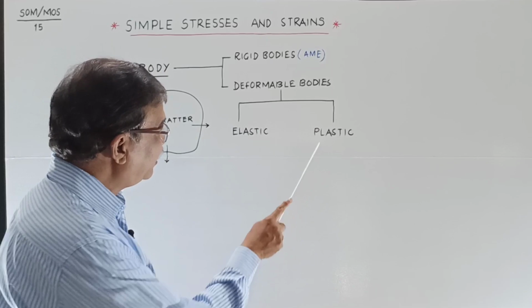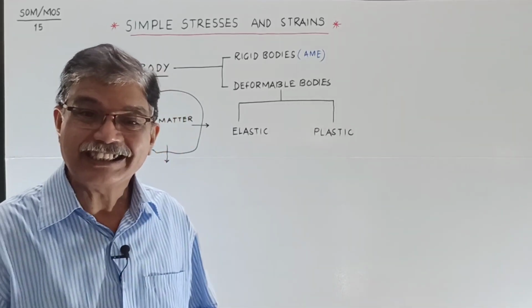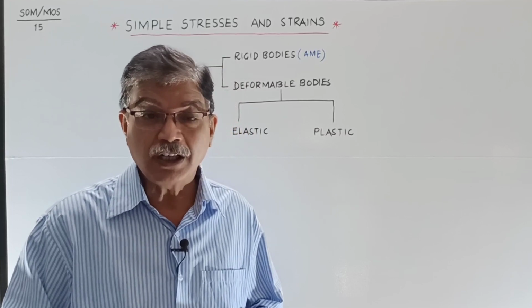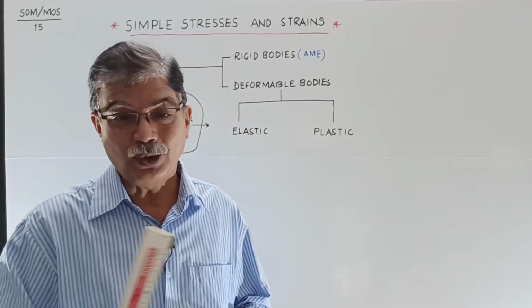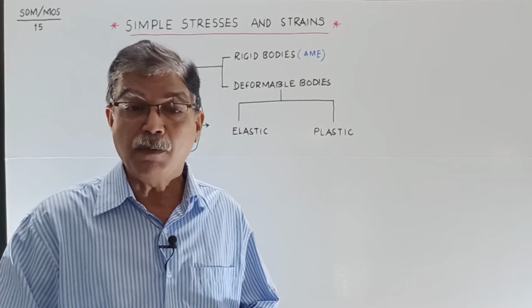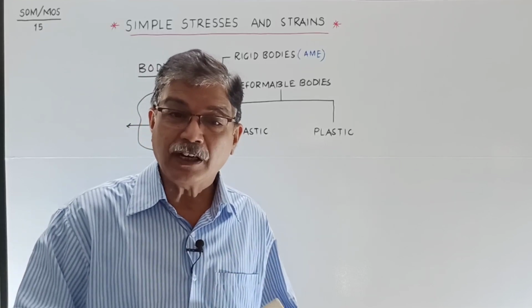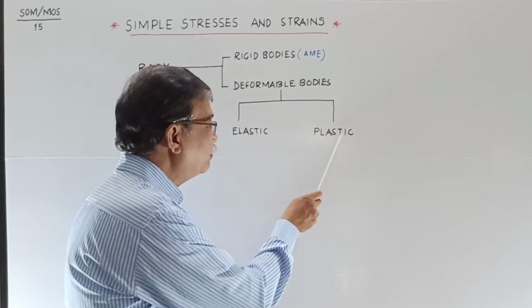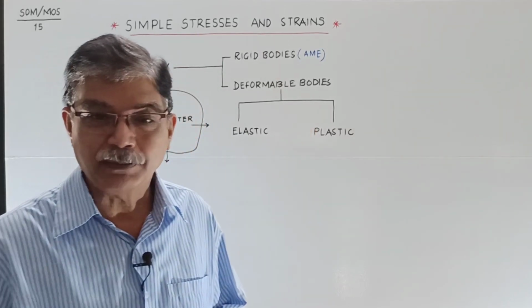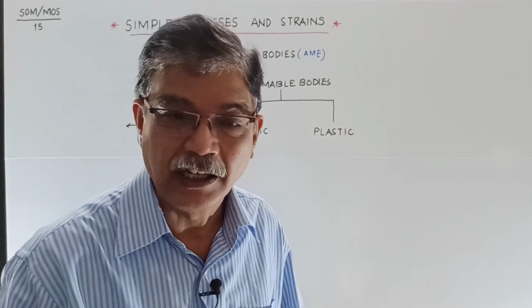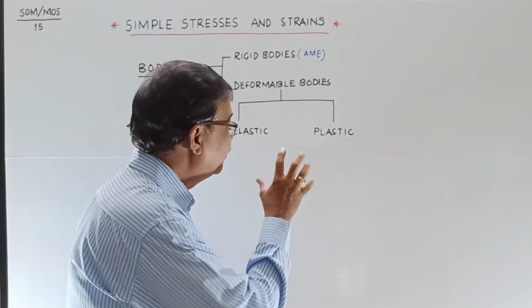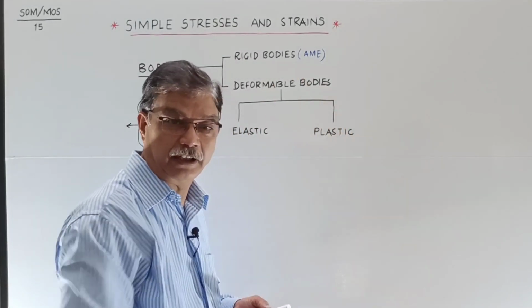Now what do we mean by plastic body? The body which changes its dimensions due to loading but does not regain its original dimensions completely after removal of the load is known as a plastic body. As far as mechanical engineering is concerned, the shaping and forming operations are done on the body when the body is in plastic state.